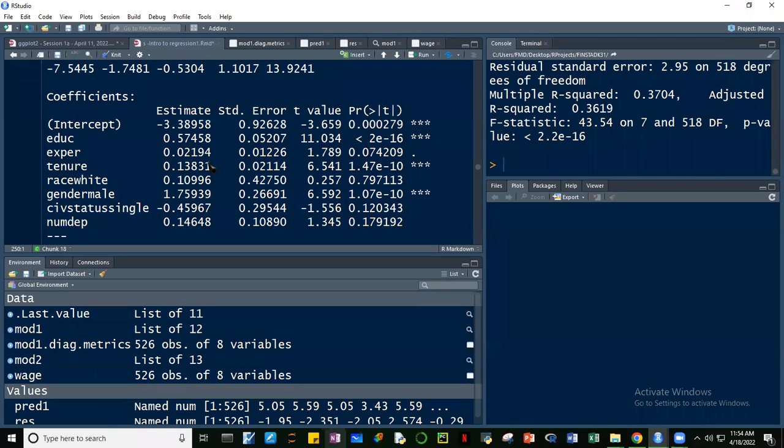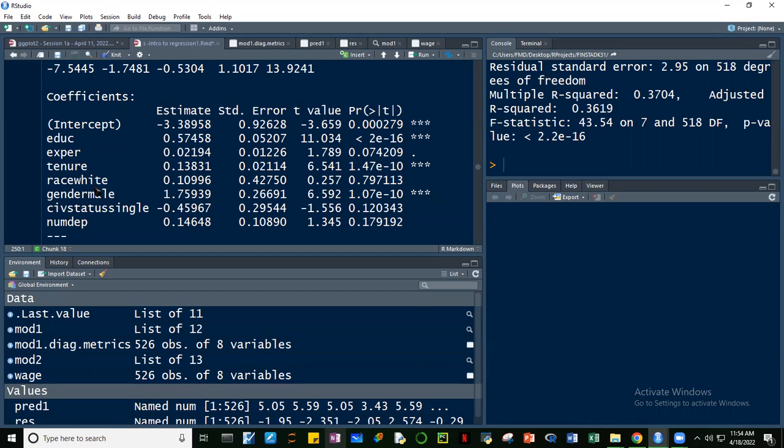In R's generation, guys, for race, notice it says white. What does this white mean, guys? When you interpret this, it refers to the white, but it should be interpreted in relation to the benchmark variable, which is the variable that is not stated here.